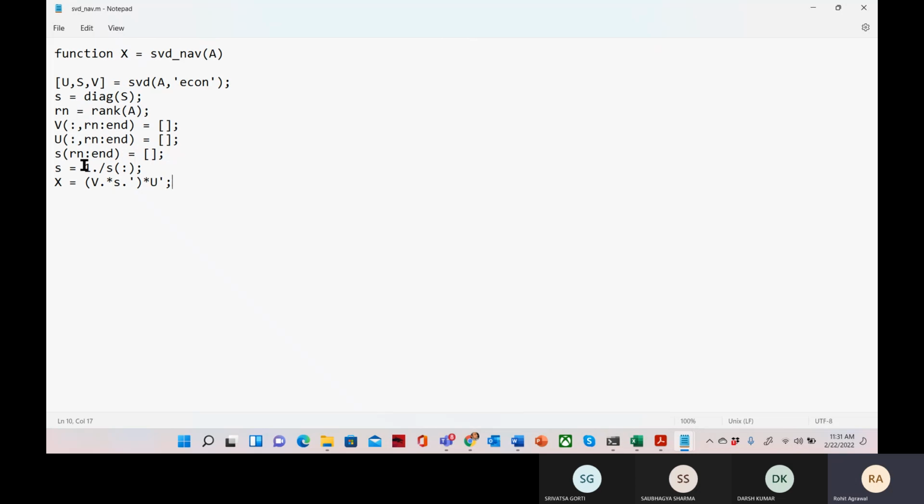After that we did some kind of reduction. You can see we have taken only this number of columns instead of all the columns, from Rn to end, and Rn is the rank of it.